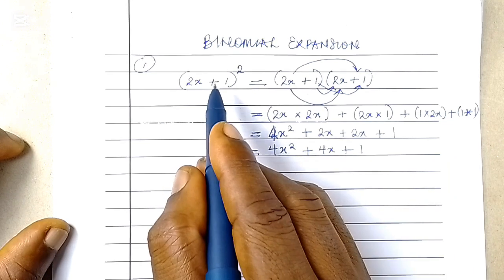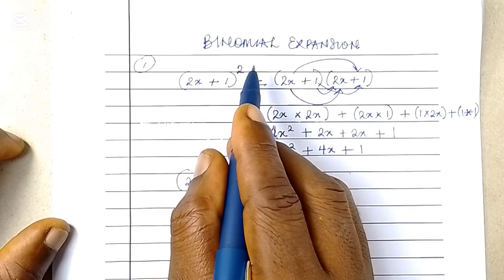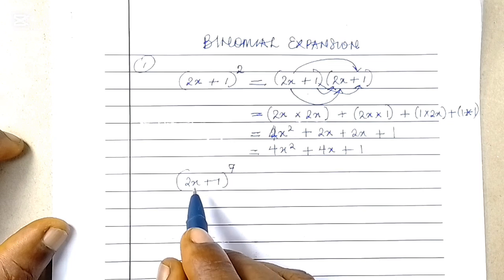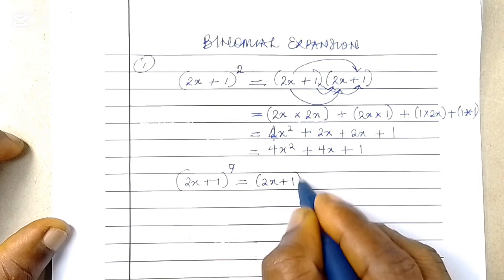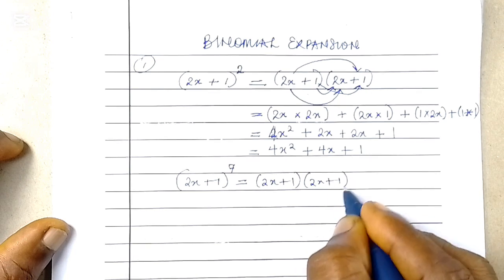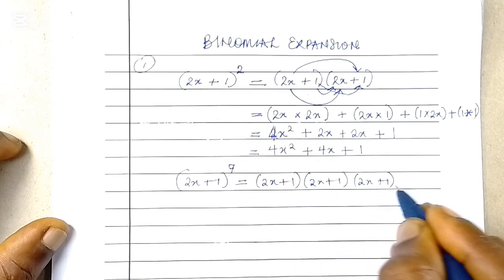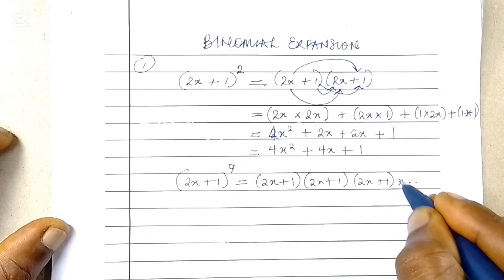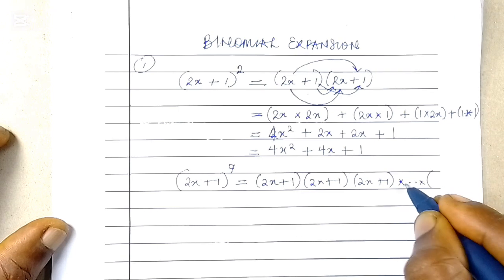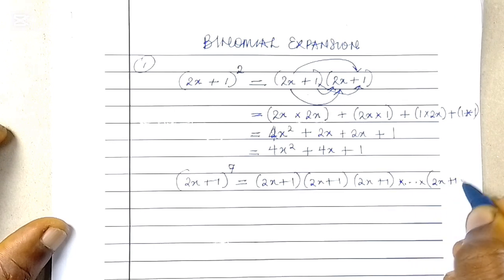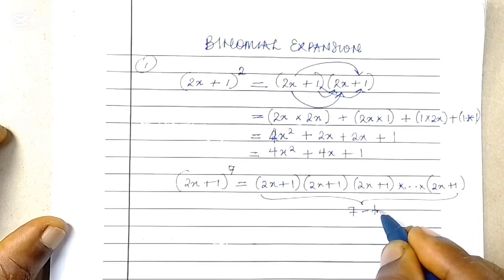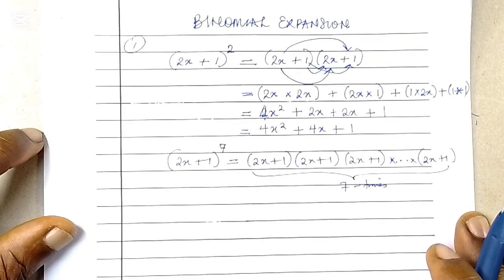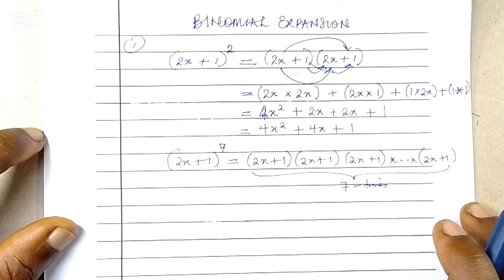Because if you use this knowledge of 2x plus 1 squared in solving a problem like this, then funny enough, students may end up multiplying 2x plus 1 by itself 7 times, according to indices. And that is where the idea of binomial expansion comes in.